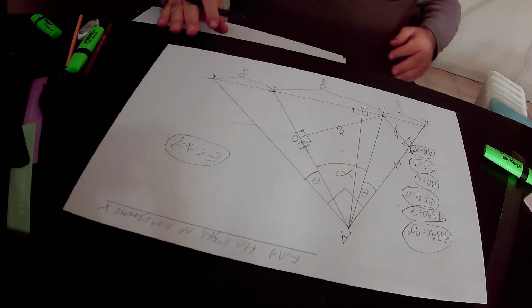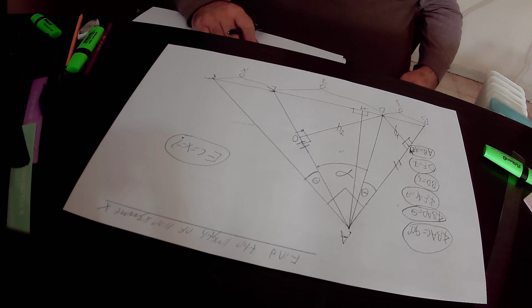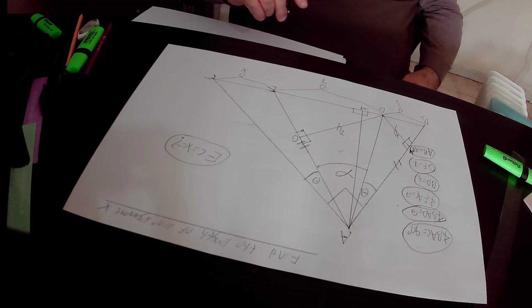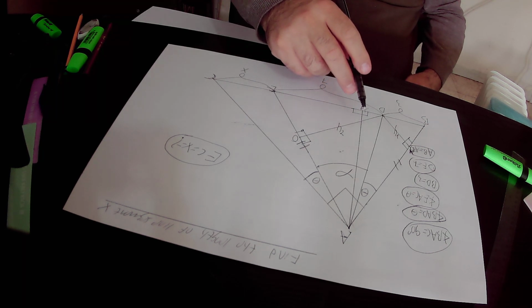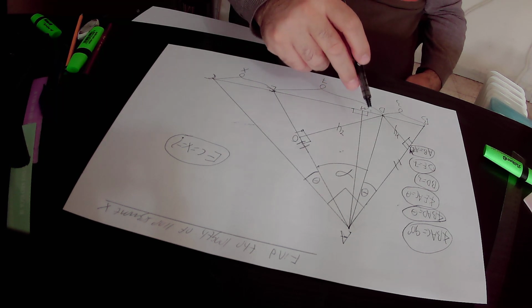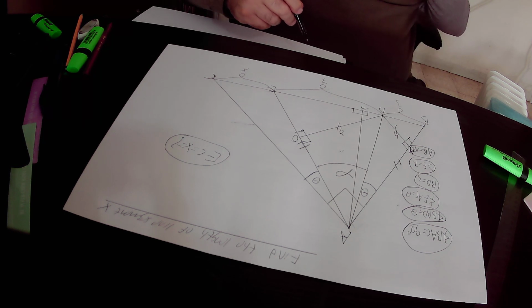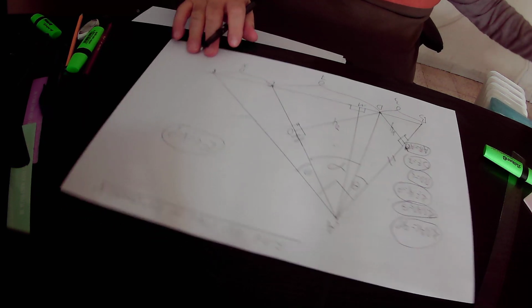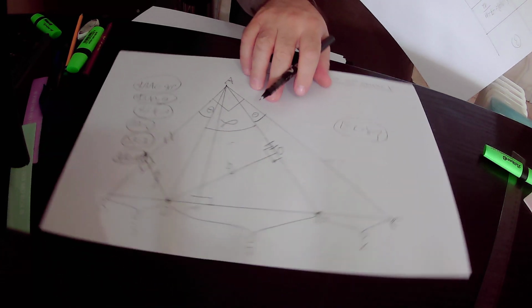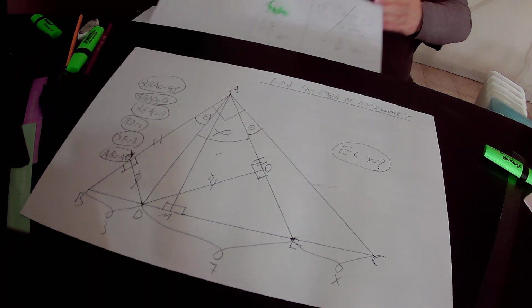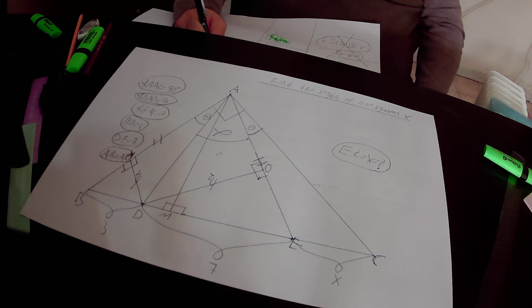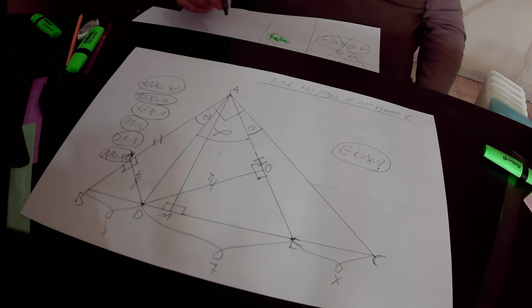In the next step, we will prove that triangle BAM is congruent to triangle MAE. Okay? Triangle BAM congruent to triangle MAE.